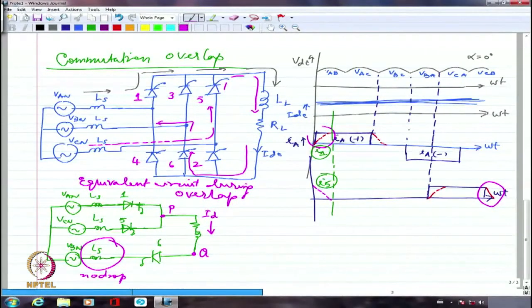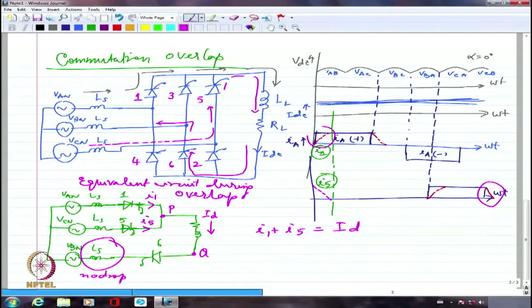Now I can say this is I1 and this is I5. So clearly I1 plus I5 equal to ID. Both of them make up the total ID, and both are ultimately returning through device number 6.